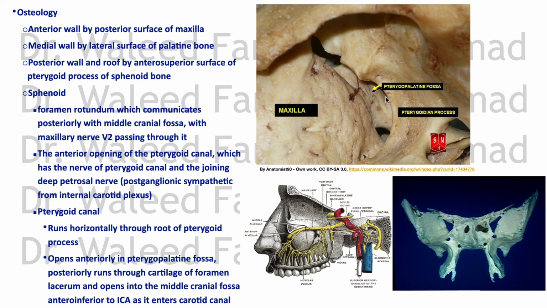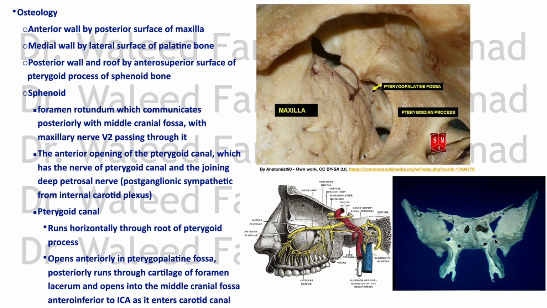Now, if you stand here and imagine yourself standing here, you look forward, you'll find the inferior orbital fissure at the top. And if you look back posteriorly, you will find this area. You are in this area of the skull, in front of the sphenoid bone. See these two foramina?